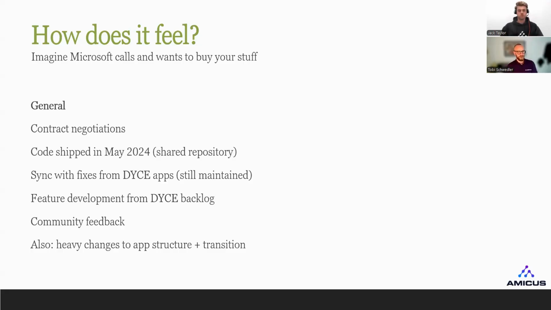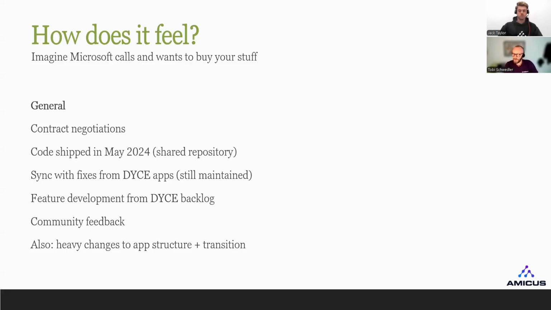And based on that, the development, or the maintenance basically, continues for these DYCE apps. And there we have a constant sync to bring updates and fixes to Business Central. There were also features we had planned back in the day when Microsoft called, so there was a feature backlog.